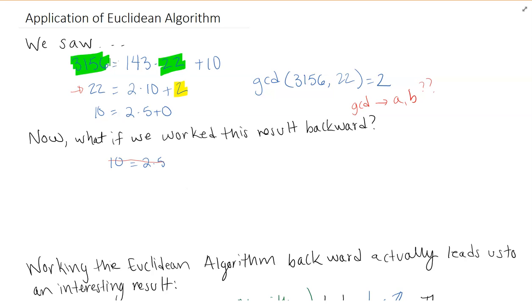So 3156 and 22 were the two numbers I started with, and 10 ended up being one of the remainders. So I'm going to start with that second to last line.